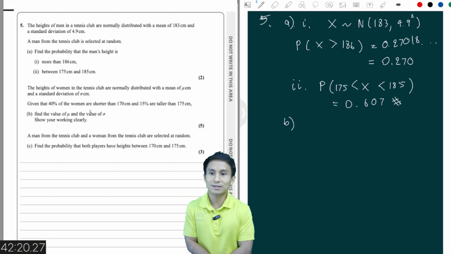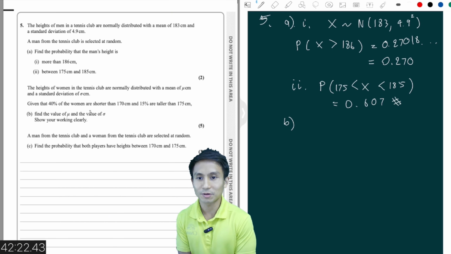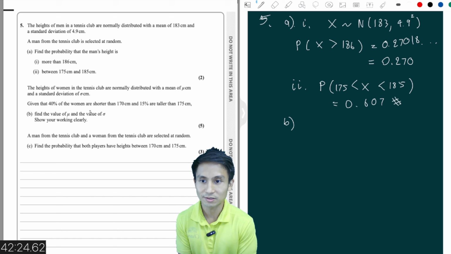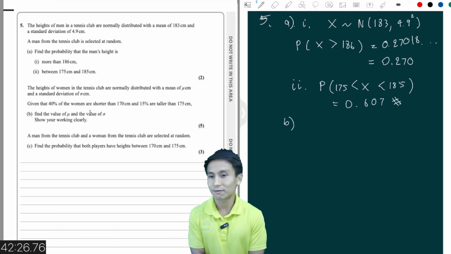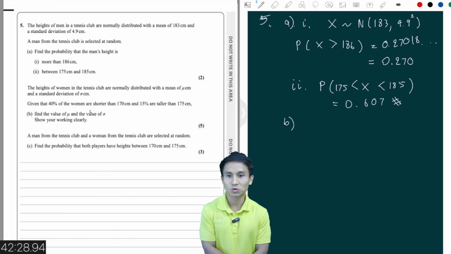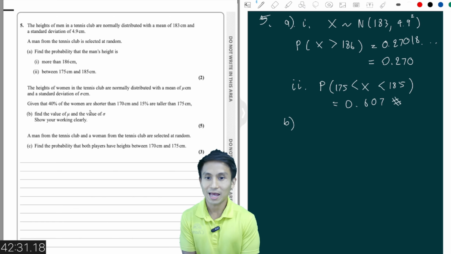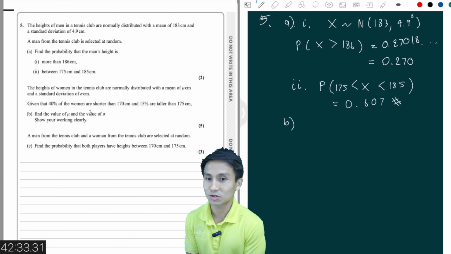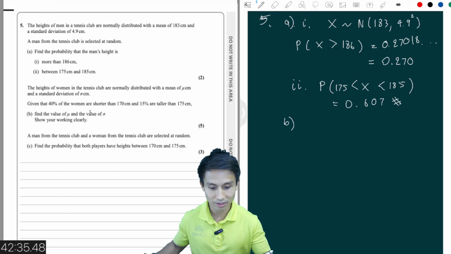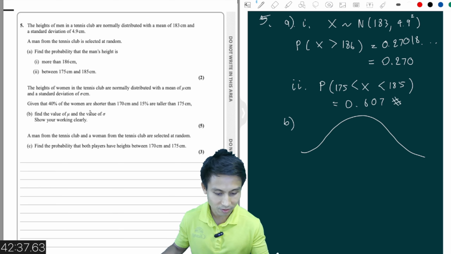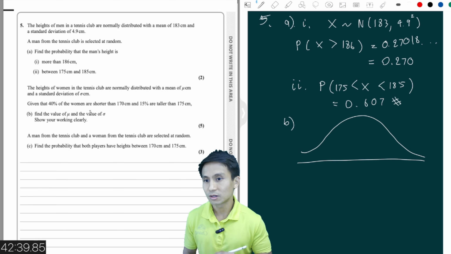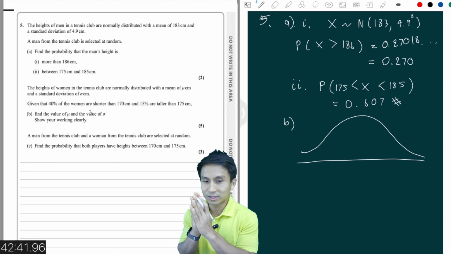Part B. The heights of women in the tennis club are normally distributed with the mean of mu and standard deviation of sigma. Given that 40% of women are shorter than 170 and 15% are taller than 175. All right, so I'm just going to draw the bell curve here roughly. Shorter than 170, right?